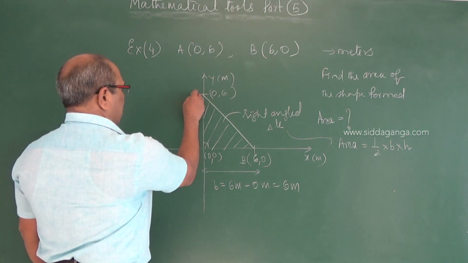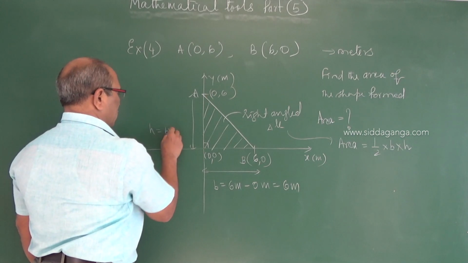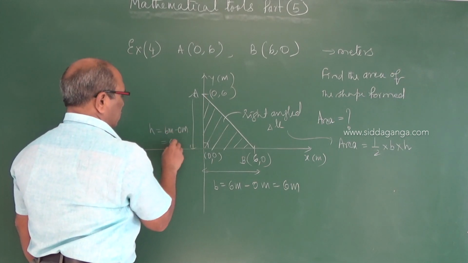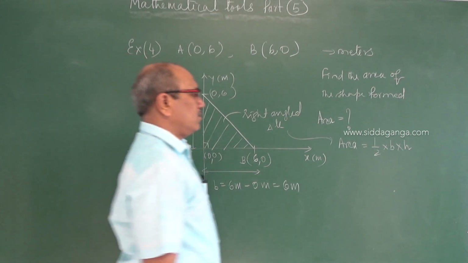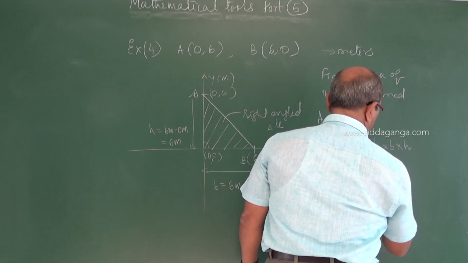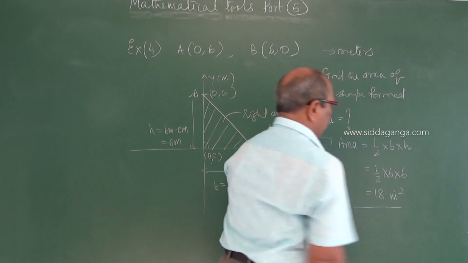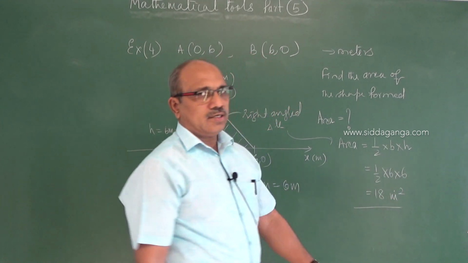How do we calculate the height? H equals 6 meter minus 0 meter, which is 6 meter. Substitute here: half into 6 into 6, which is 18 meter square is the unit, because 3 sixes are 18.